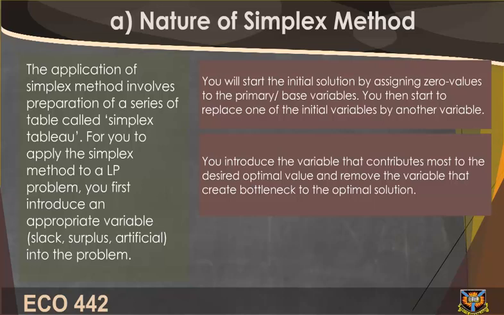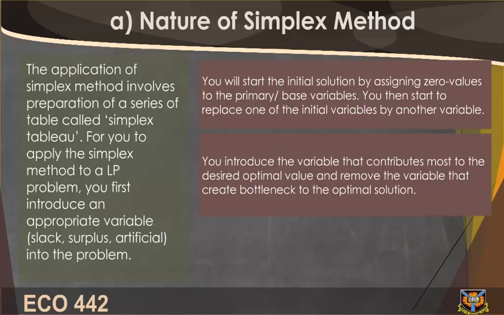For you to apply the simplex method to an LP problem, you first introduce an appropriate variable, slack, surplus, or artificial, into the problem. You will start the initial solution by assigning 0 values to the primary base variables.